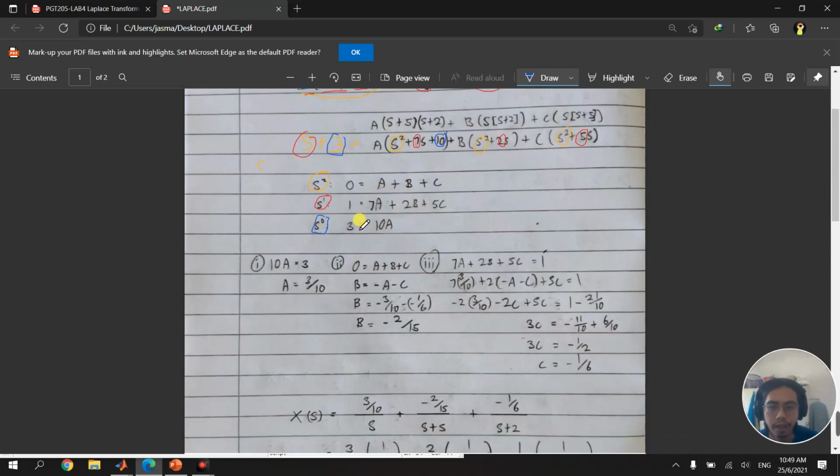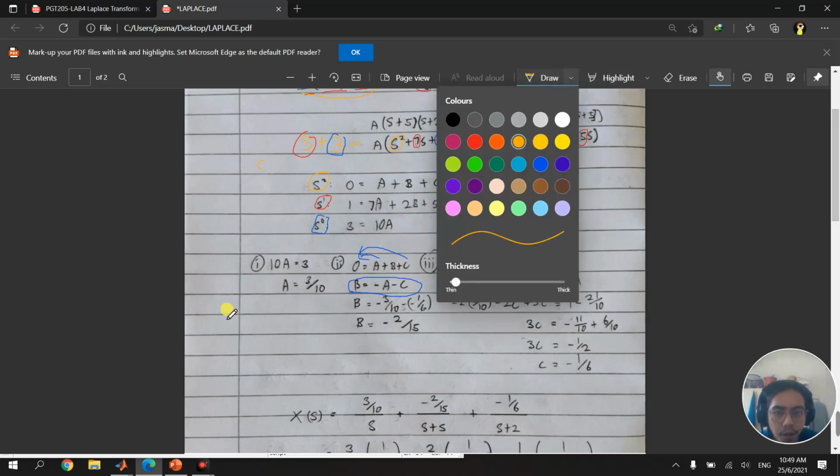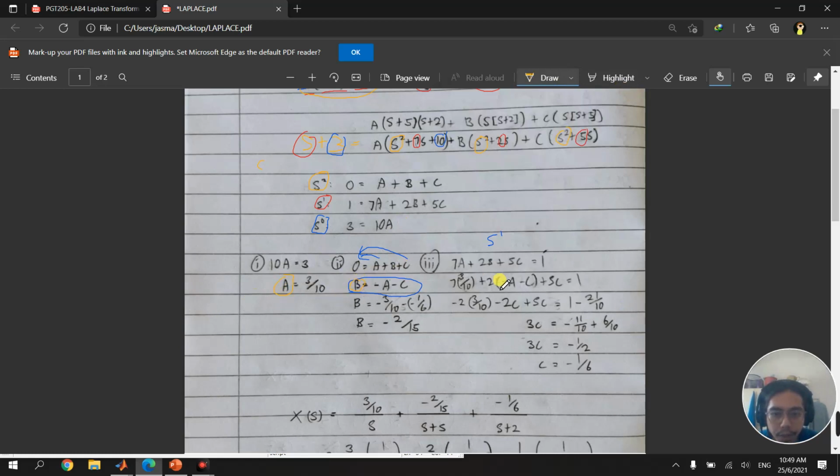So now we can easily get a by moving 10 over, so we get a equal to 3 over 10. And then for s squared we get 0 equals a plus b plus c, so we can get b equal to minus a minus c by moving it to the other side. However, we start here and we need to make equation s to the 1 first. From here we already got the values of a and b, so we can replace them in here.